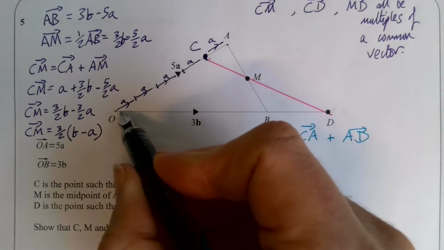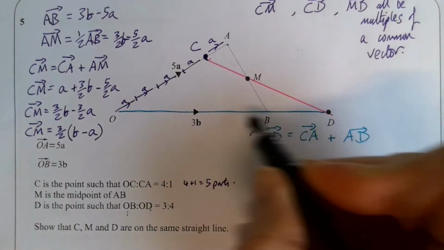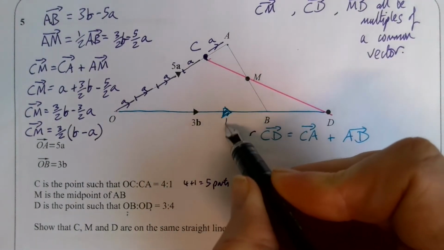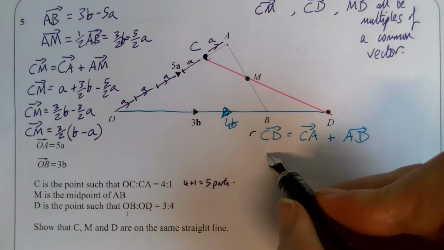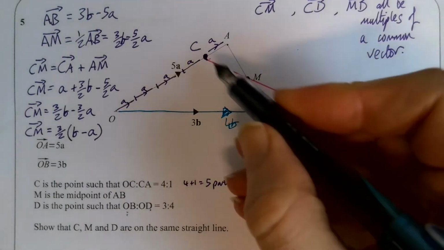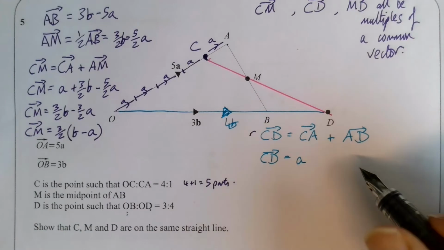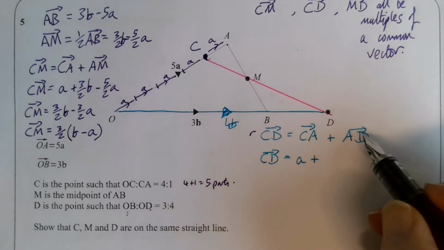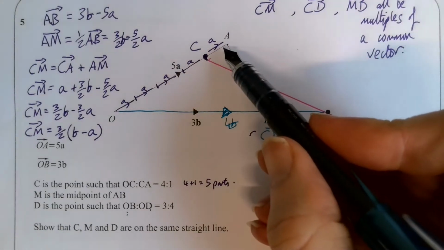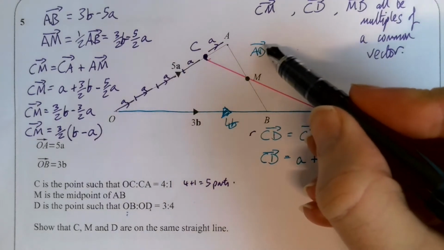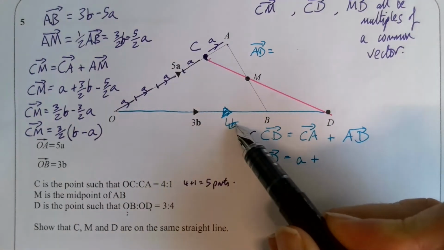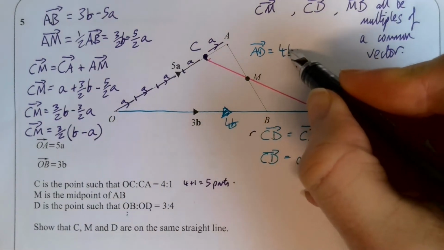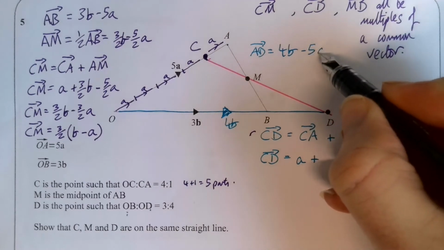So we can say that that is 4B, couldn't we? And therefore, we can say that C to D is going to be C to A, which we already know is A, plus A to D. Now A to D, just write it once up here, is going to be negative 5A plus 4B, isn't it? 4B take 5A.